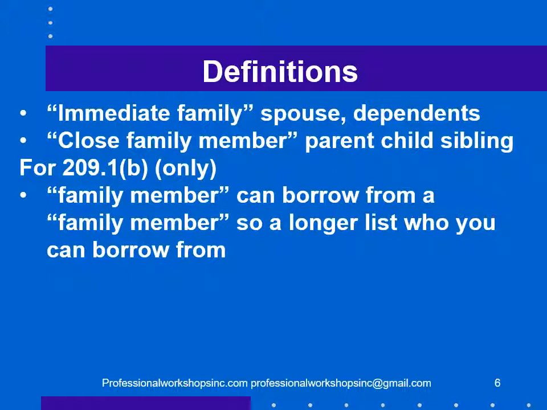And for Rule 209(1)B only, there's a definition of family member because you can borrow from a family member, so there is a longer list of people you can borrow from. So for instance, that definition includes grandparents and aunts and uncles, and it would be difficult if that definition applied to things that affected your independence, and that's not what it means. It's about who you can borrow from. So you can borrow from your grandfather, that's okay.